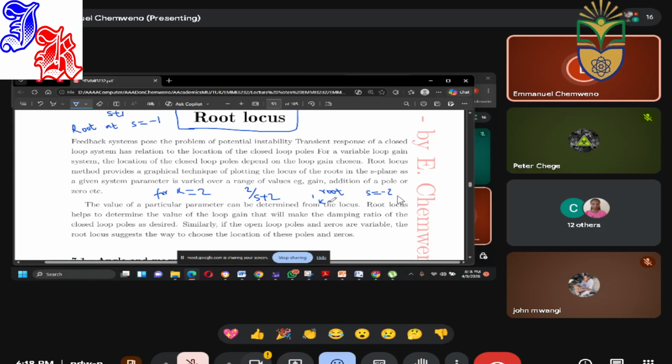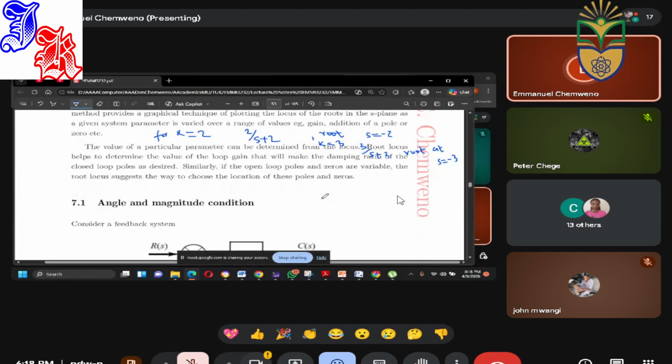For K is equal to 3, it becomes 3 over S plus 3, root at S is equal to negative 3. Let's study K is equal to 0: it becomes 0 over S plus 0, root at S is equal to 0. K is equal to 1, K is equal to 2, K is equal to 3.